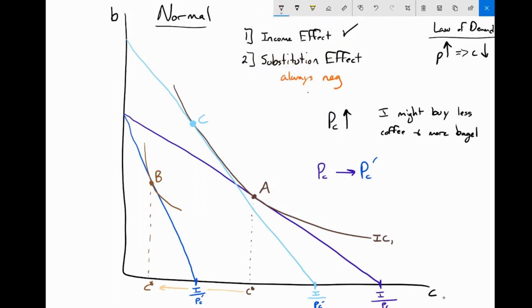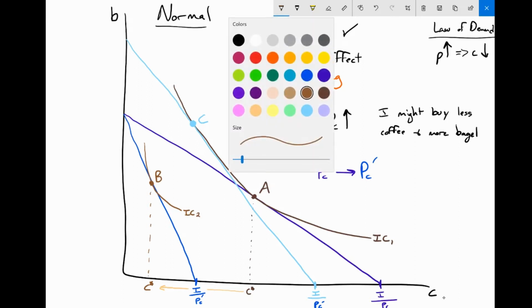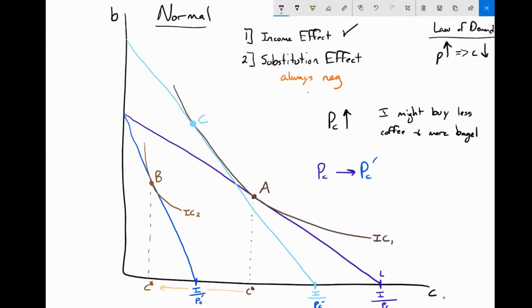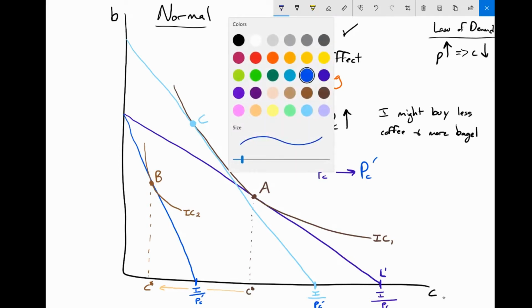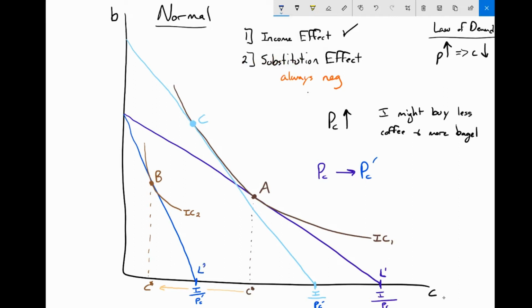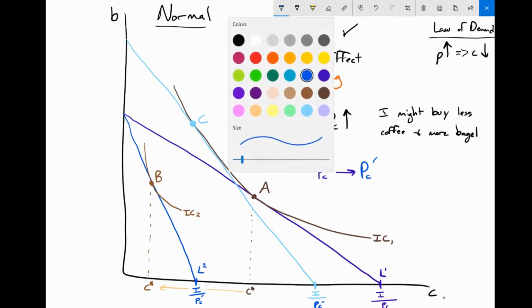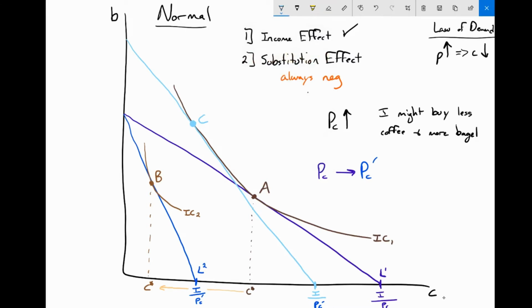So they're able to achieve the same amount of utility because they're given enough income to compensate them for the increase in the price. Okay, so that's what this light blue line represents.